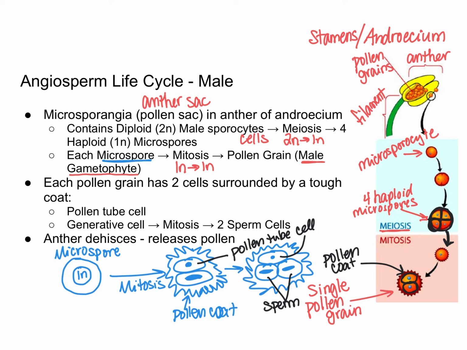And we'll talk about what they do when we get to pollination and fertilization. Now, these pollen grains are released when the anther dehisces. And dehisces just means that the anther breaks apart. So it might dry out, and then it pops open, and then all of the pollen is released.